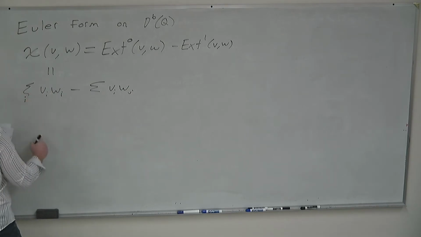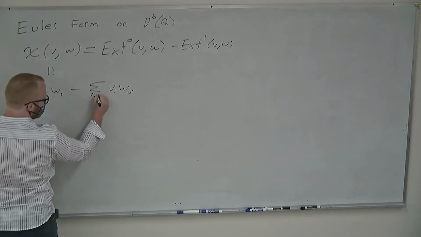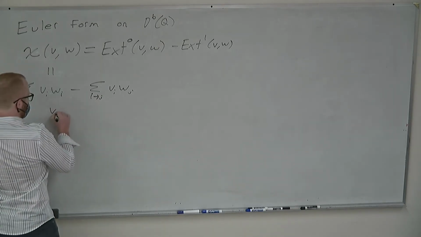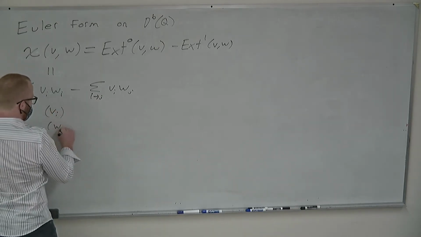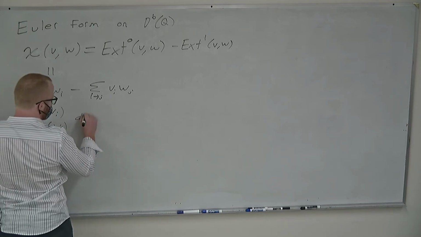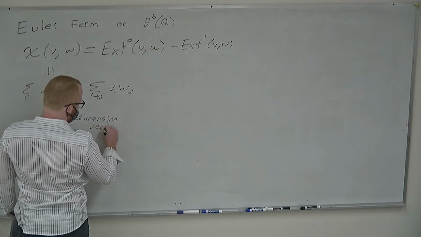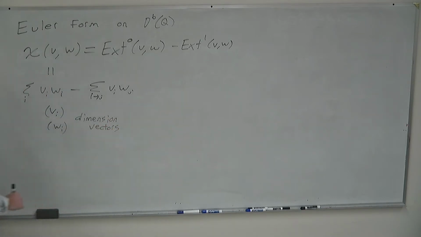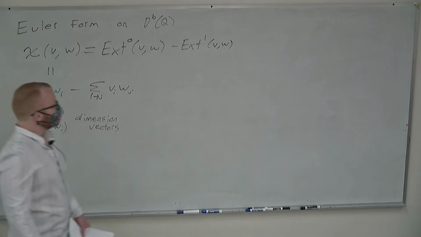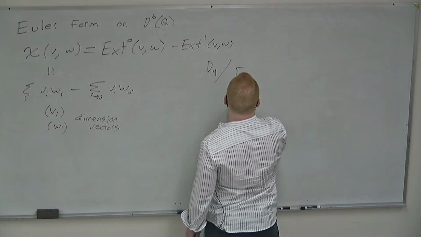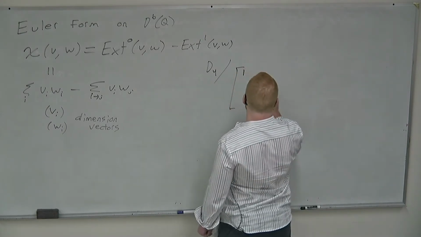I'll explain this in just a second, where v_i and w_i are dimension vectors of the representation. So in particular for D4, you just get a matrix that looks like 1, 1, 1, 1.